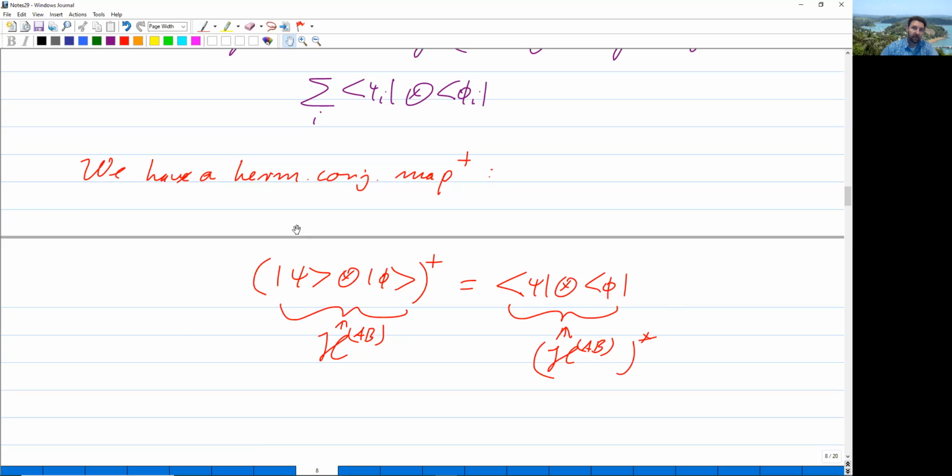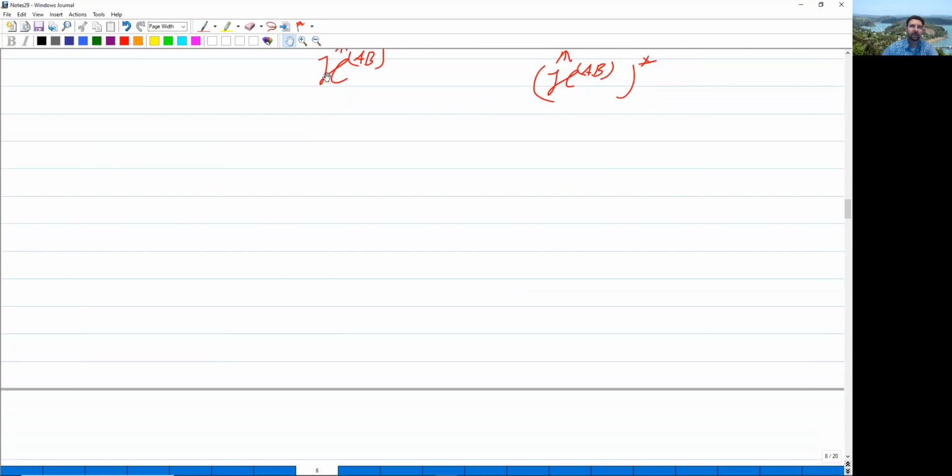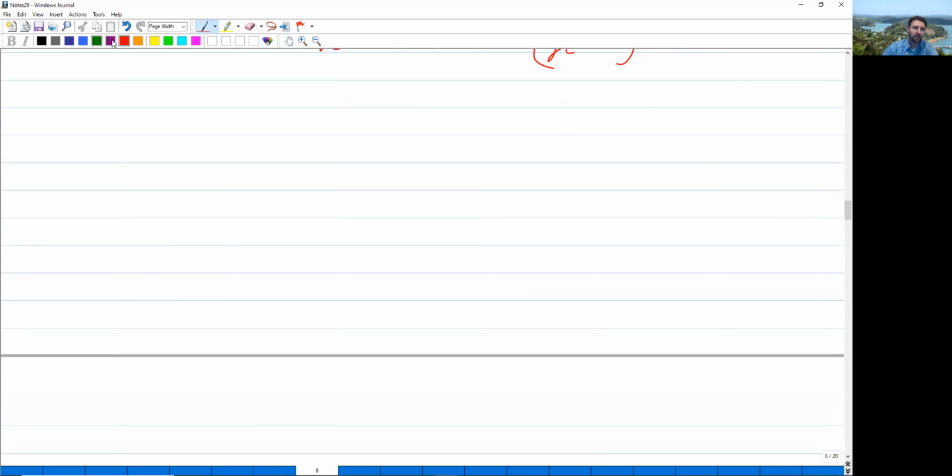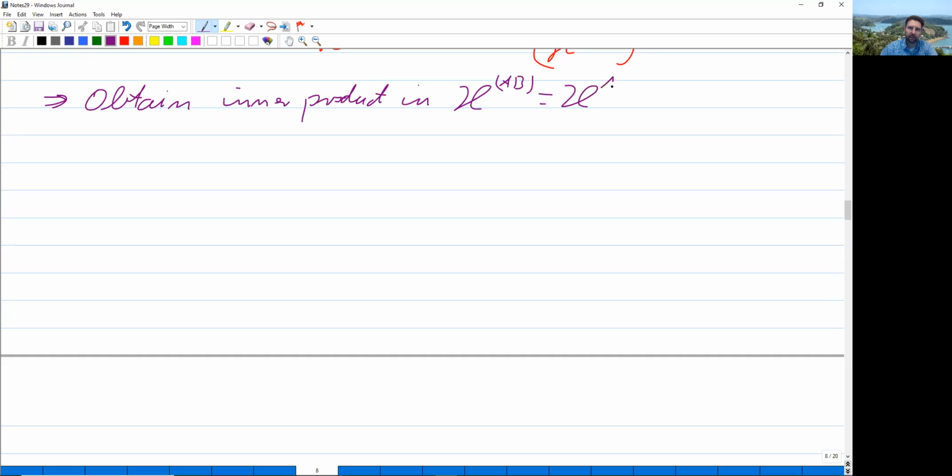Now, once we have the Hermitian conjugation map, this induces an inner product. It's all completely in parallel to what we did earlier in the course: we obtain an inner product or scalar product in HAB. Let me remind you, it's also written as HA tensor HB. And how does that inner product work?